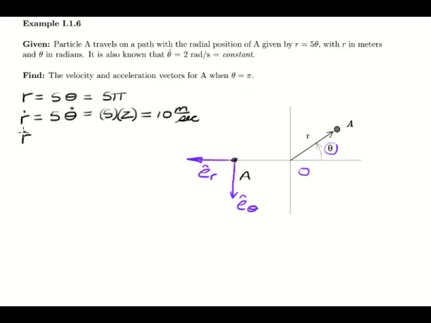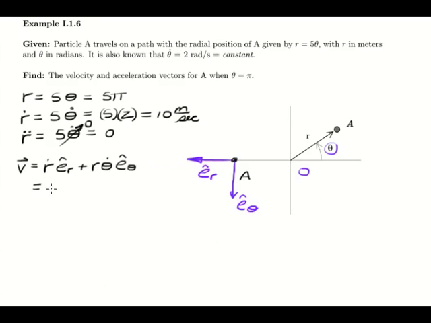R double dot, 5 theta double dot. And since theta double dot itself is a 0, theta dot's a constant, r double dot is a 0. So that's pretty much it. We have V, then we know is equal to r dot ER plus r theta dot E theta.